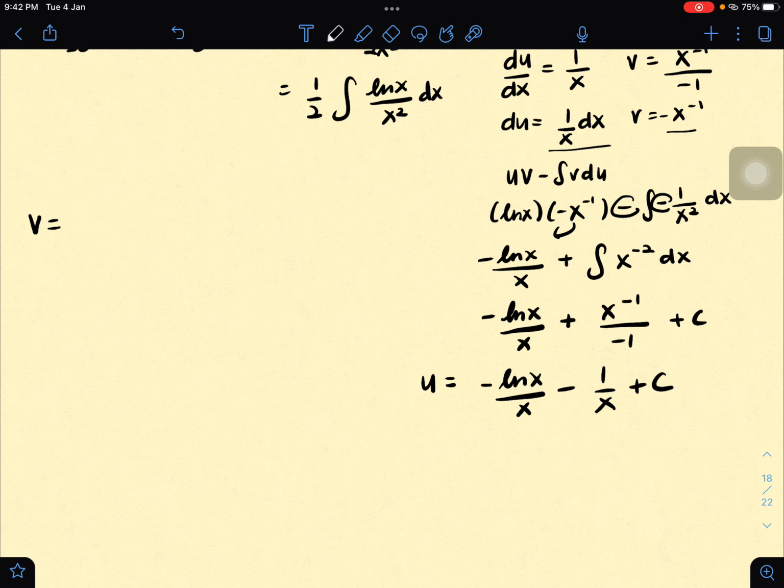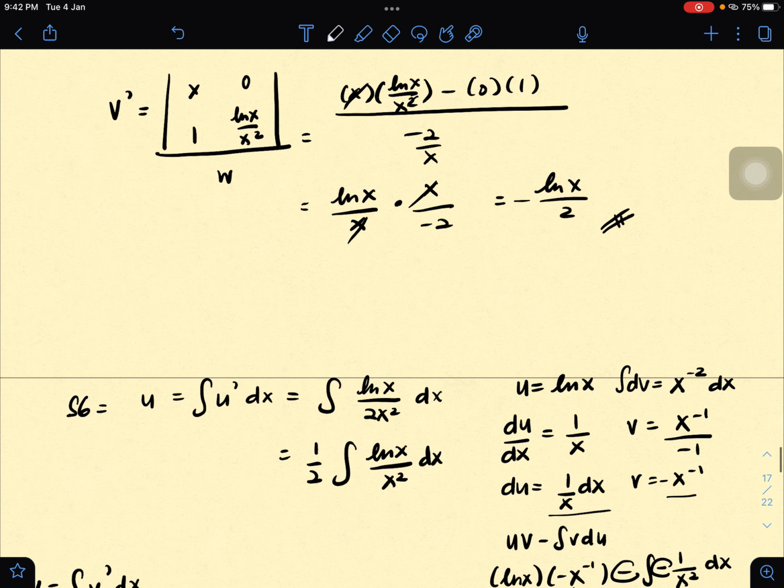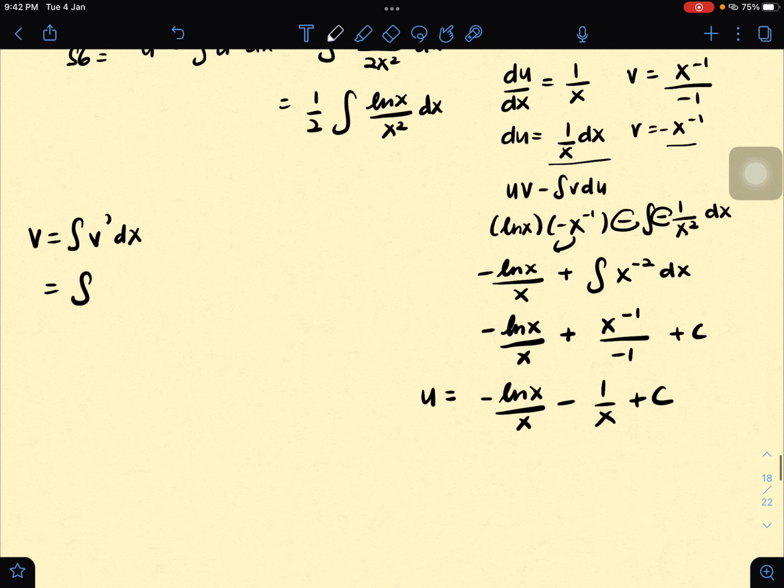Nak cari v, kita kena integrate v prime kepada x. So maksudnya kita kena integrate v prime kita tadi, adalah negative ln x over 2. So negative 1 over 2 ln x dx. Sama juga yang ini kita kena guna integration by parts, sebabnya tak boleh nak integrate ln.